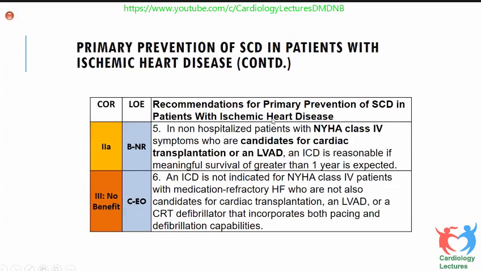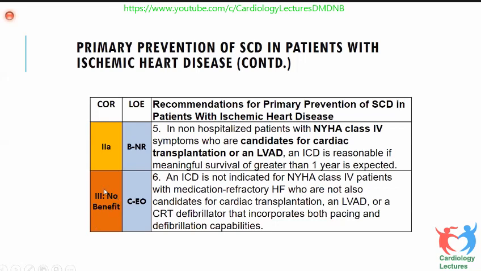2A is patients with ischemic heart disease, functional class 4, who are candidates for cardiac transplant or an LVAD. So here, ICD is considered reasonable as a bridge to transplant or mechanical circulatory support.